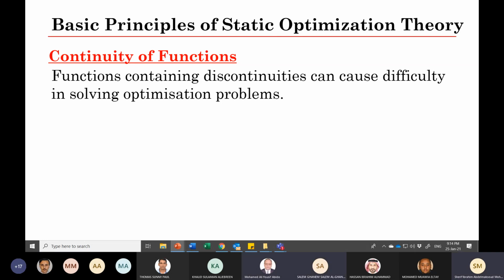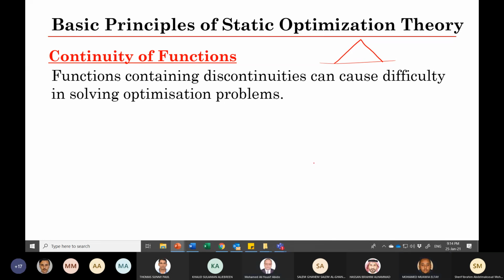Let me ask you, if this is the function, is this function continuous or non-continuous? It is continuous, because every point in the region is connected to each other. Exactly. So this is a continuous function.